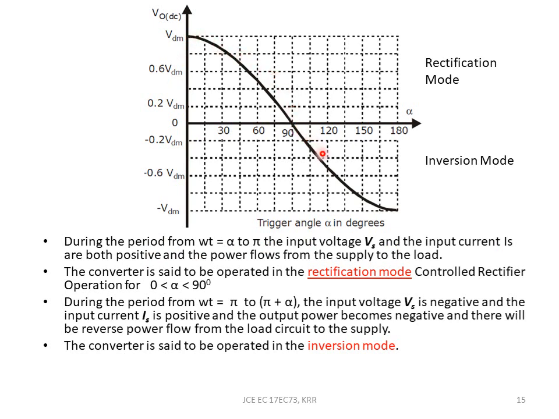Here current is always going to be positive, but voltage is negative, and hence this is called the inversion mode. So the converter is operated in rectification mode from alpha equal to 0 to 90 degrees, and during the period when omega t is pi to pi plus alpha, the input voltage Vs is negative and the input current Is is positive, right? And the output power becomes negative, and therefore we call this operation mode the inversion mode.